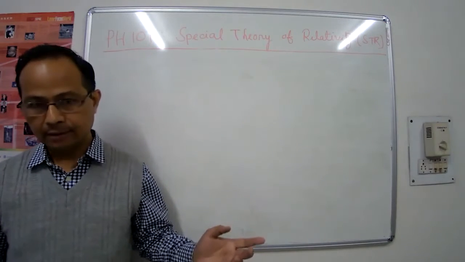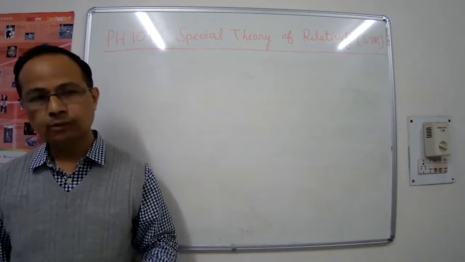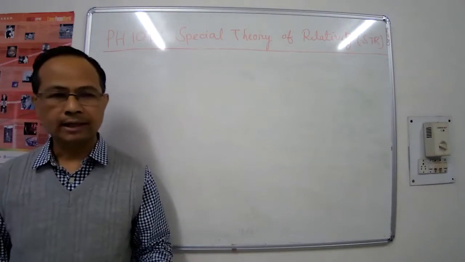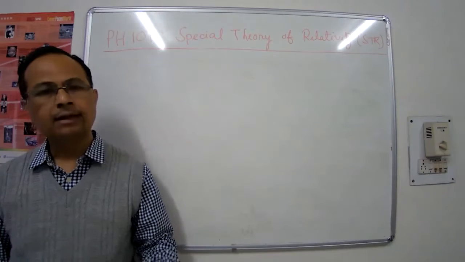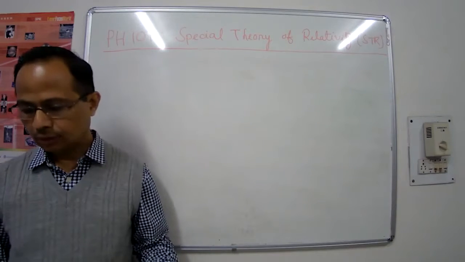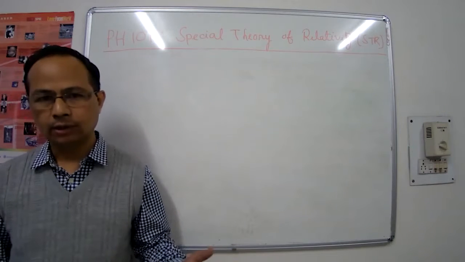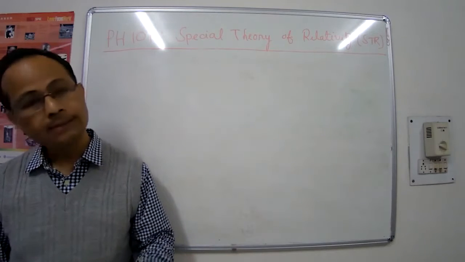Other than that, the highest velocity we can think of will be much less than the velocity of light. So in most of the cases we see in our day-to-day life, Newtonian mechanics is adequate.